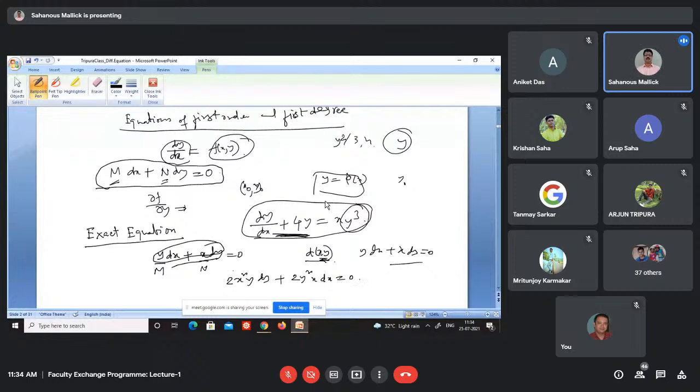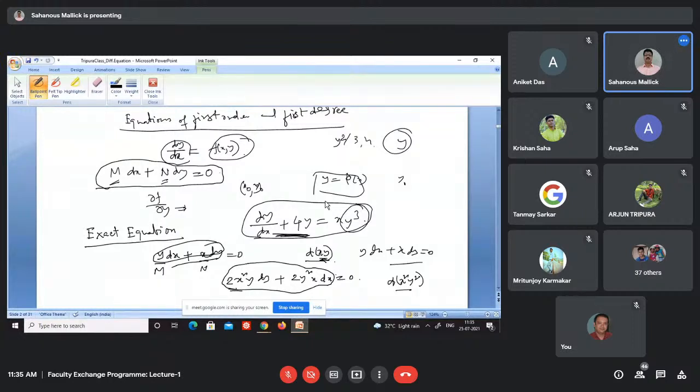It is also exact because this part is expressible in the form d(x²y²). So this part is expressible without multiplying by any factor as this. So this is an example of an exact differential equation.